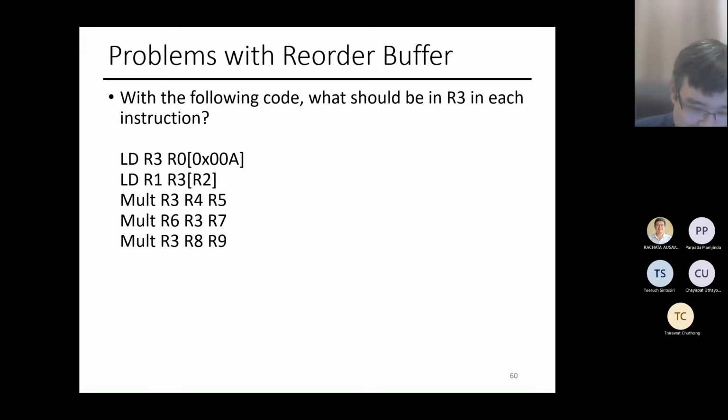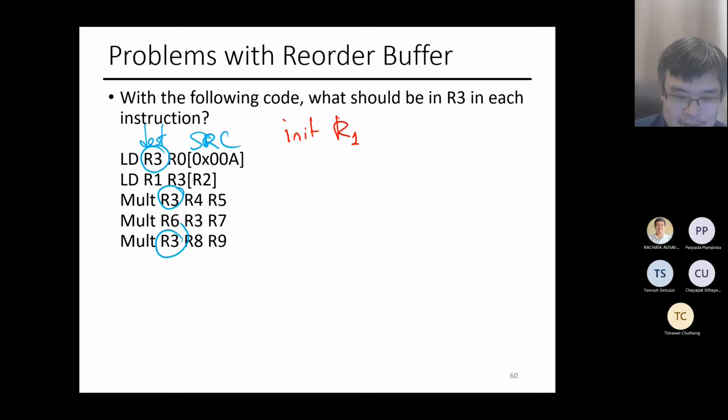So let's assume this is the source. My bad. Let's assume this is the destination and this is the source. You have this version of R3, this version of R3, this version of R3, right? So you basically have the initial version of R3.